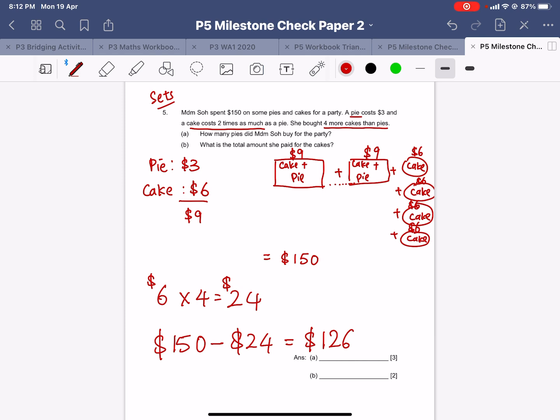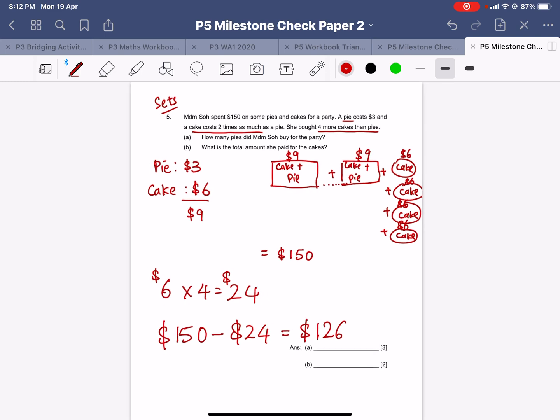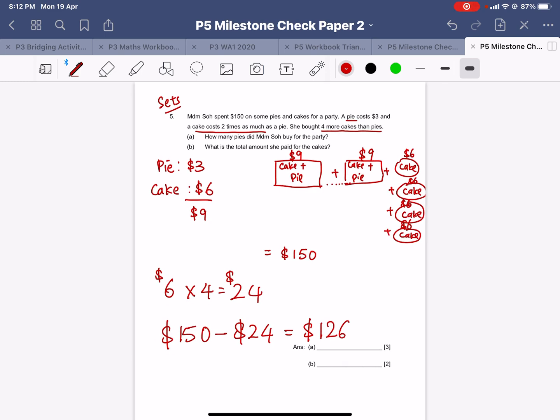What does $126 mean? It means that I've taken away all 4 extra cakes, and now the total is only $126.